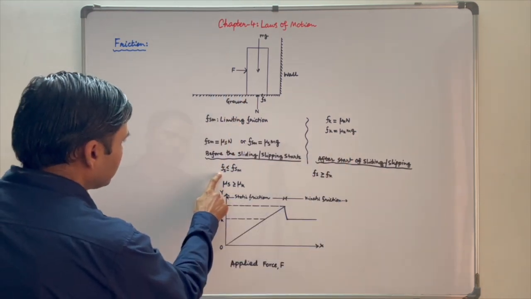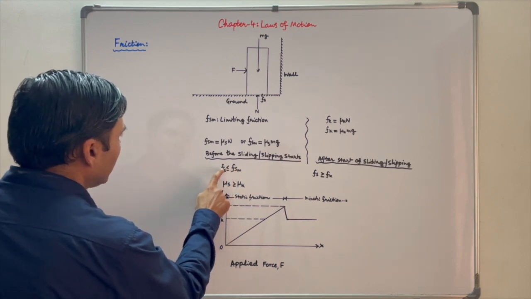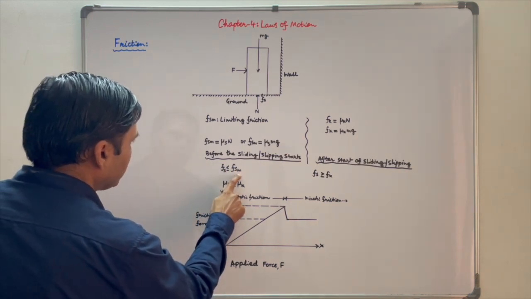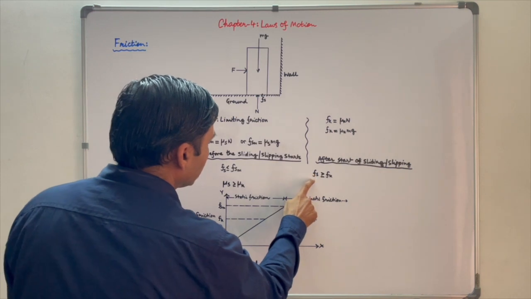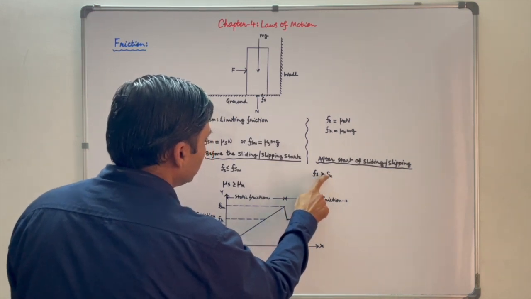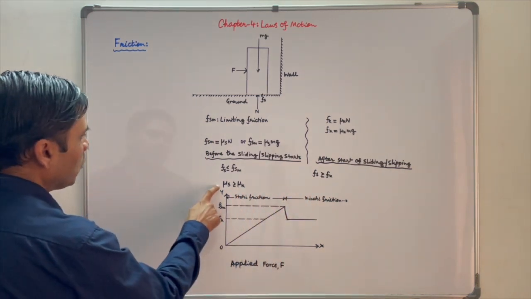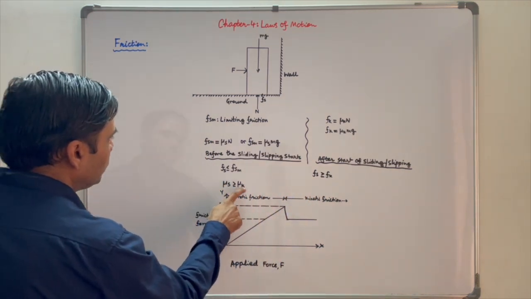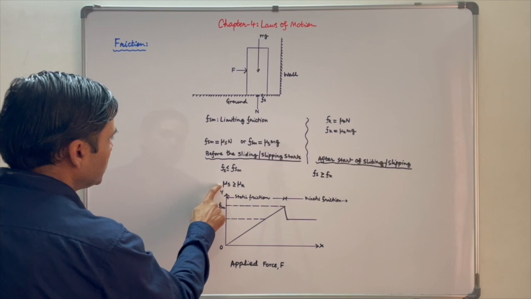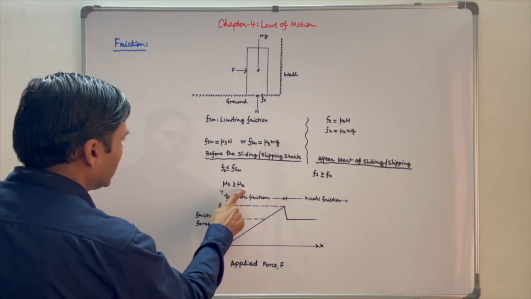Relation between static friction and limiting friction is Fs is less than or equal to Fsm. Relation between static friction and kinetic friction is Fs is greater than or equal to Fk. Relation between coefficient of static friction and coefficient of kinetic friction is μs is greater than or equal to μk.